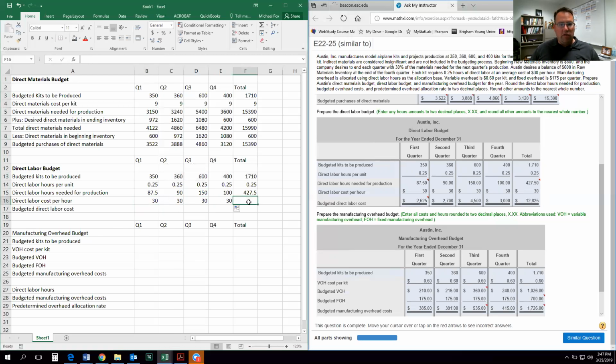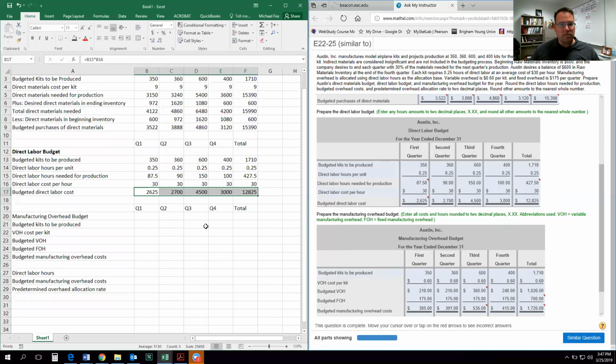And again, we don't add all those up. It's a per hour, so it's 30. And then our budgeted direct labor cost will equal the number of hours needed for production times the cost per hour. And there we go. There's our direct labor budget.